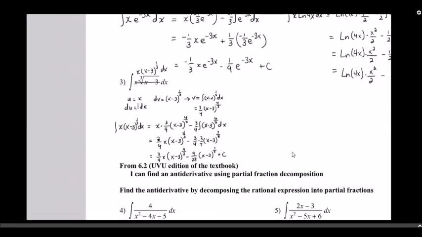All right. Now we're calling this one 6.2. However, in the 10th edition of the UVU edition of our textbook, in the back, in the appendix, it's really labeled as section 8.1. And it didn't really introduce a new technique of integration.